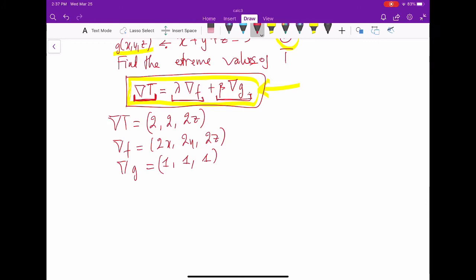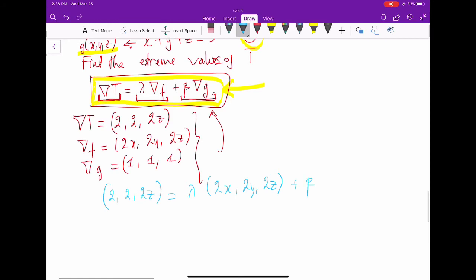And now you plug everything into this equation. You have the following: (2, 2, 2z) equal to lambda (2x, 2y, 2z) plus beta (1, 1, 1).